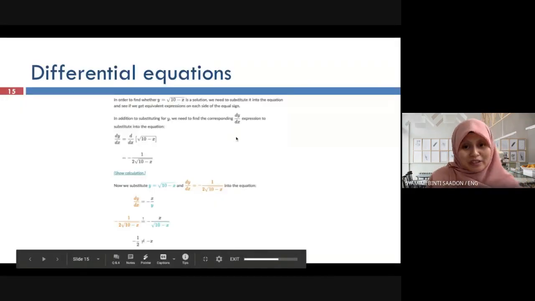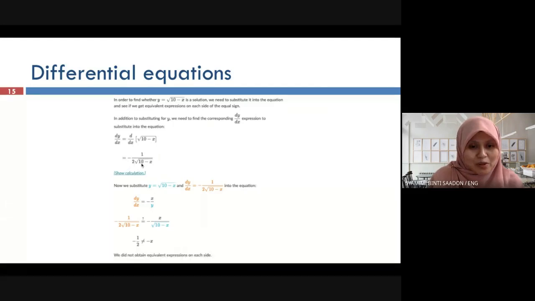Okay, so first we differentiate dy/dx. We get minus 1/2 over the square root of 10 minus x. You guys know how to differentiate this. The square root gives 1/2, and then we have to differentiate the function inside. Minus x, that's minus 1, the derivative, so that's why we have minus here.